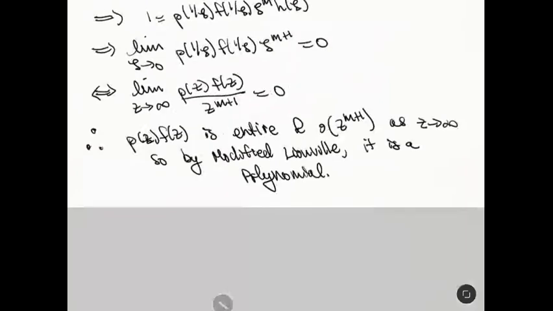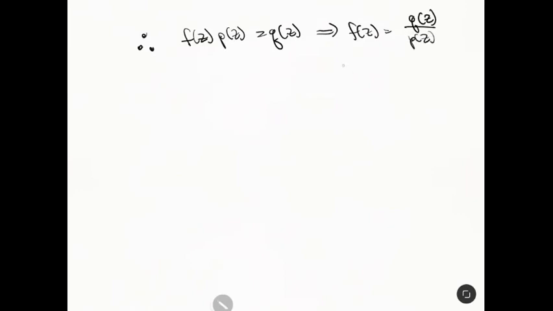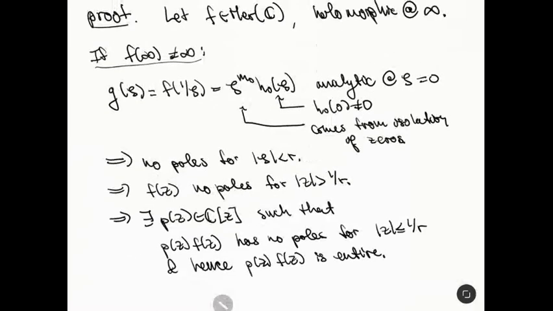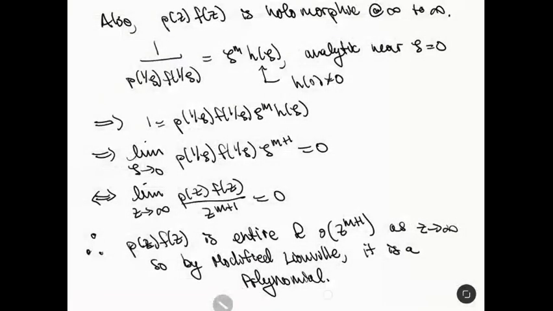Okay, so therefore f of z is equal to q of z over p of z, and hence rational. Okay, so that was the first case. We supposed that it was holomorphic at infinity, but it wasn't to infinity.